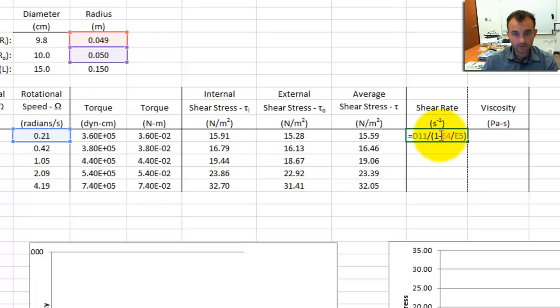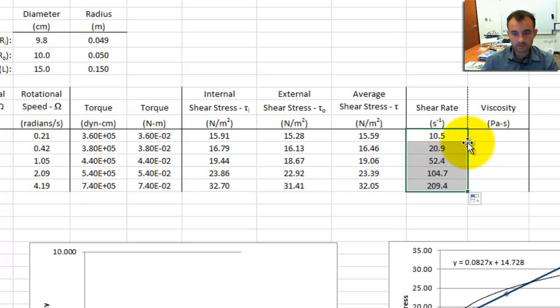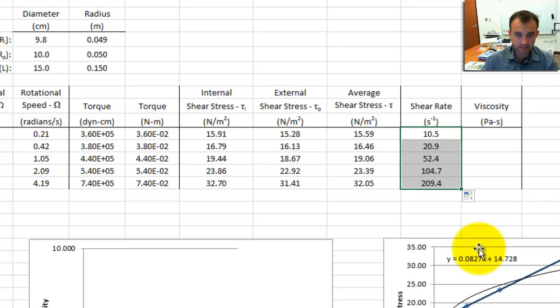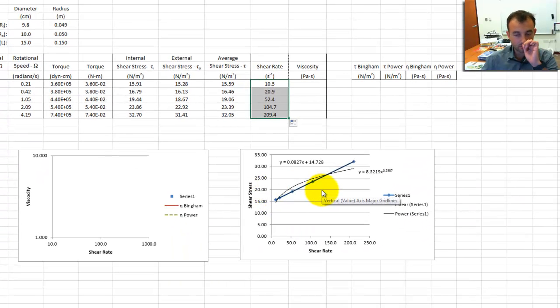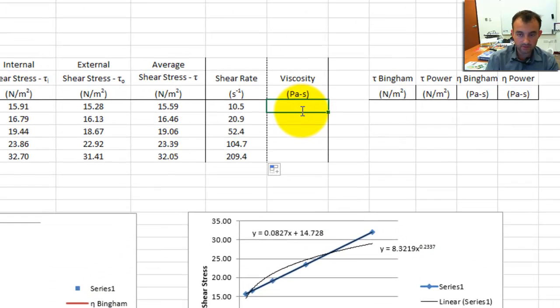Again, since I'm going to drag this down, I need to lock it. You can see that some of the graphs were already pre-designed, they take form, but I will discuss them later on. And now the viscosity is the ratio of the shear stress to the shear rate.